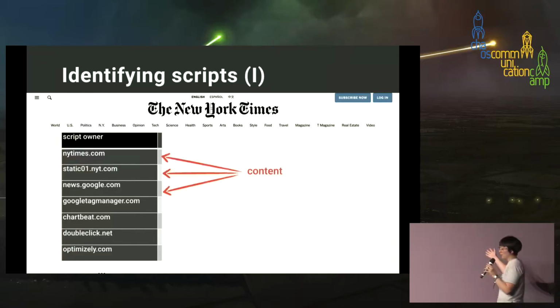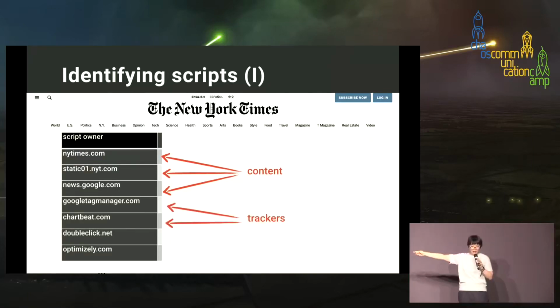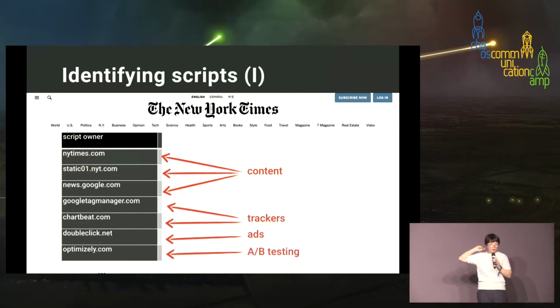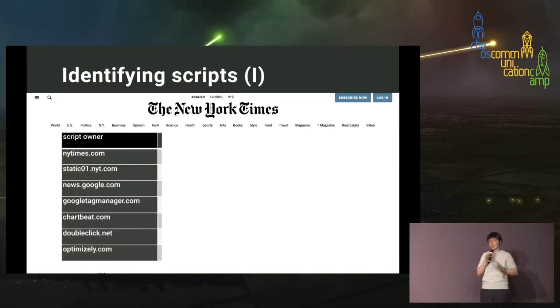But then there are also types of script. You know that the first 3 might probably be content. And then after that, we probably have some trackers. DoubleClick is definitely an ad-serving script, and Optimizely does A/B testing. Again, things you could know if you looked it all up, but you wouldn't actually know it if you're just looking at the interface.